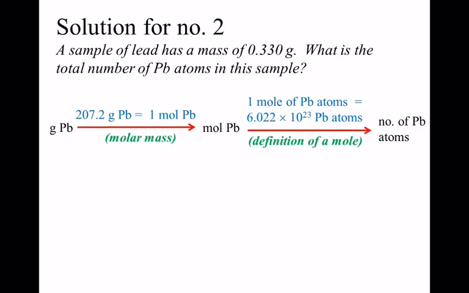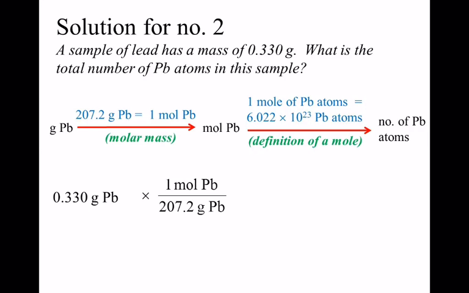So to execute this, the first term is going to be the thing unique to the problem, which is 0.330 grams of lead. I would usually put that over 1. Now if I want grams to cancel, I'm going to use what I call the flipped version of molar mass. So the second term would be 1 mole over 207.2 grams.